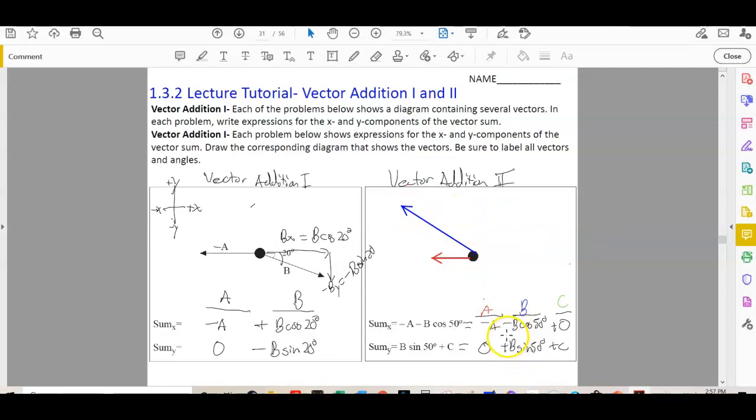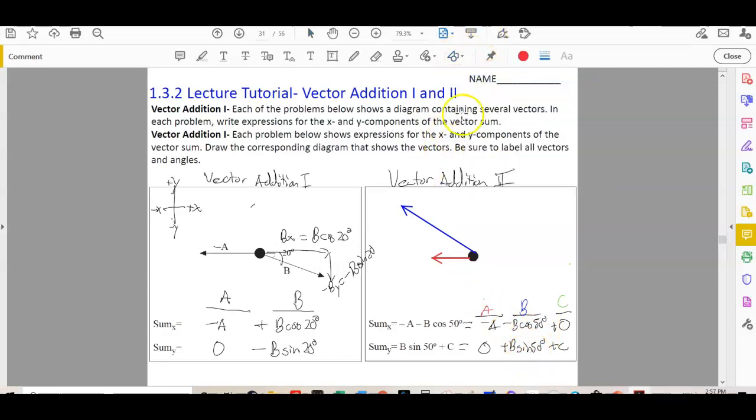All right. Well, let's find out the angle theta. It says the x direction component is negative b cosine of 50 degrees, and the y direction component is b sine of 50 degrees. So what is that saying?